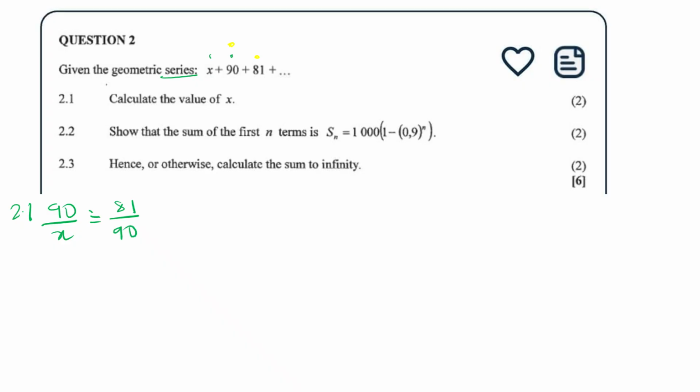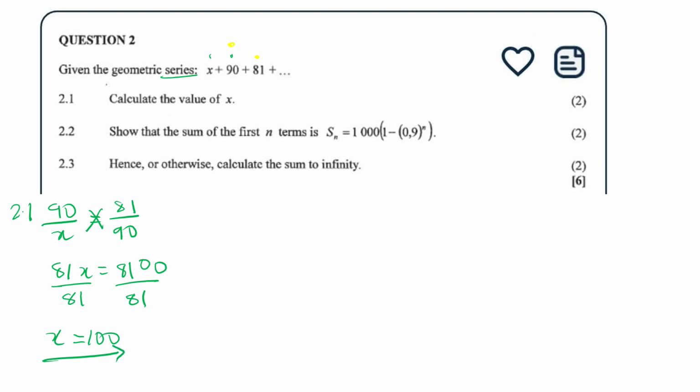Therefore now we can cross multiply. Therefore now 81x is equal to 90 multiplied by 90. 9 times 9 is 81. Therefore now add 2 zeros, right? Therefore now if we divide by 81, our x is equal to 100.